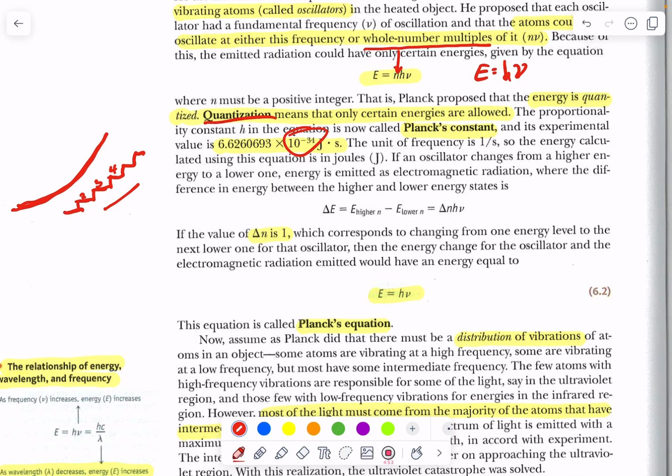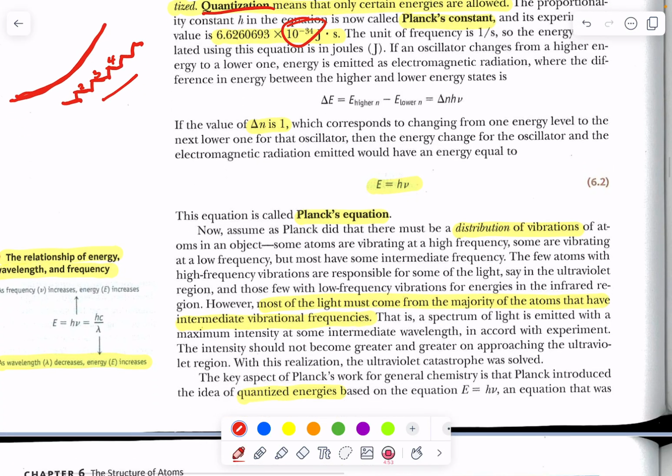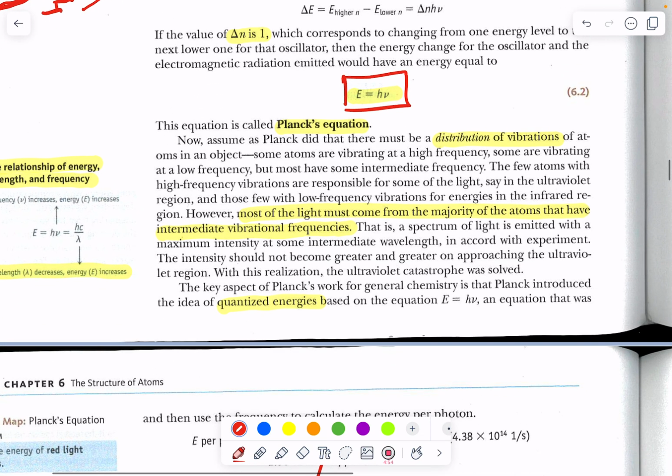So this is the equation you should be very familiar with right here when we're talking about a particular photon's worth of energy. This is Planck's equation. Now Planck, we assume as Planck did that there must be a distribution of vibrations. So you can have many photons vibrating at many different frequencies.